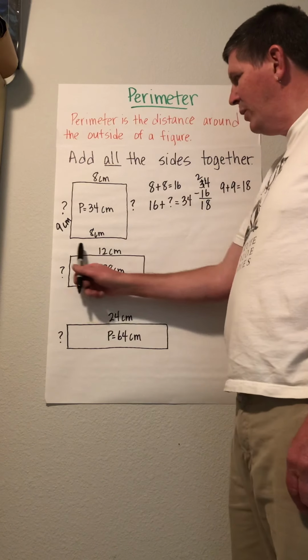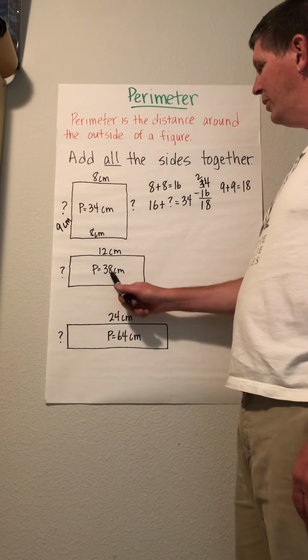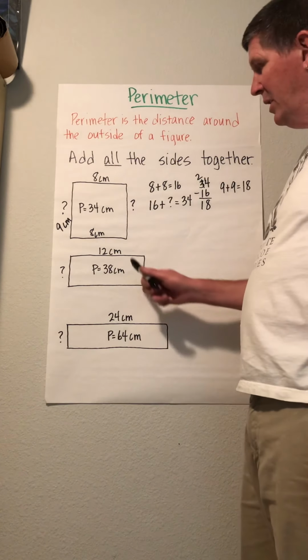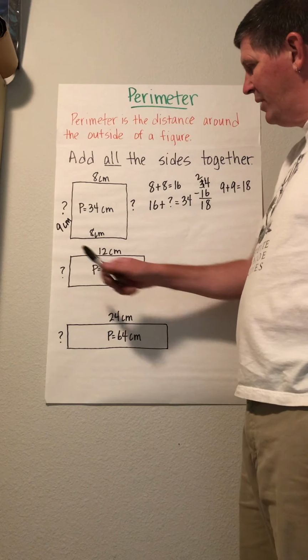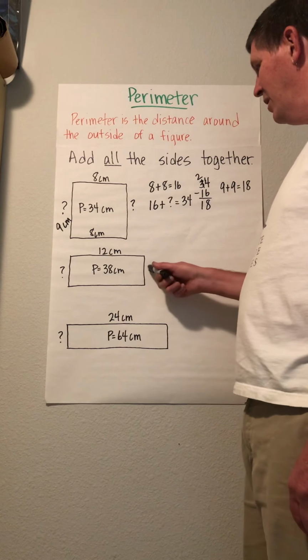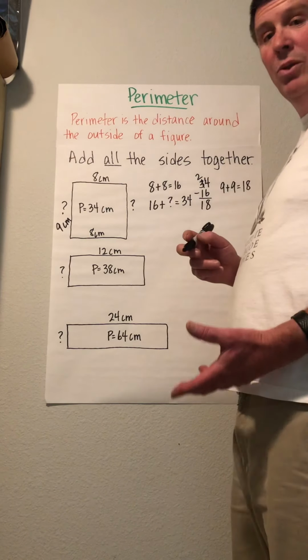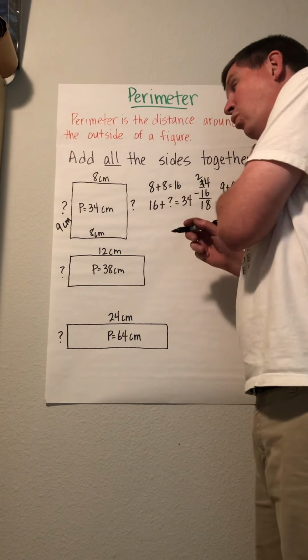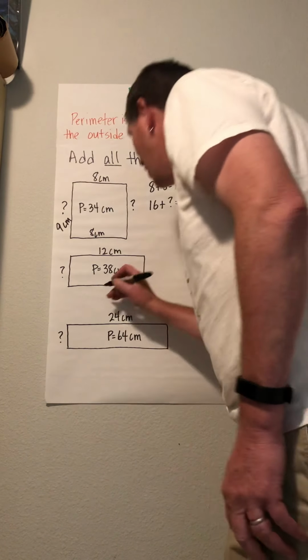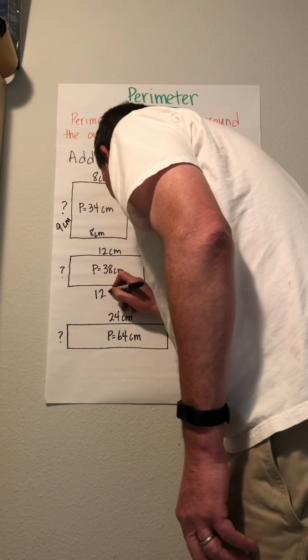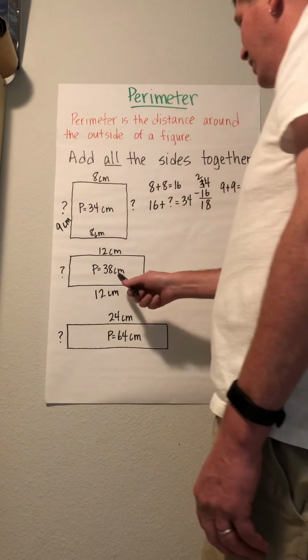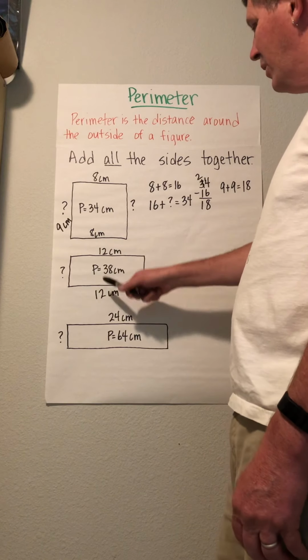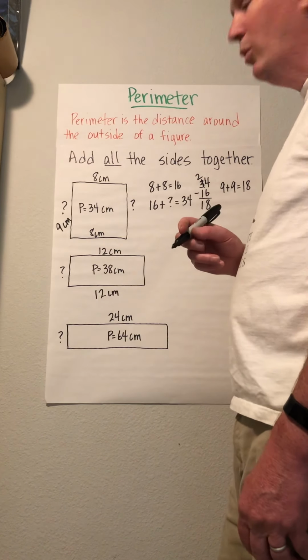So here we have a rectangle. The perimeter is 38 centimeters. So this side plus this side plus this side plus this side equals 38. Now, what do we already know? We know that this is 12 centimeters. Opposite sides are equal in all rectangles.